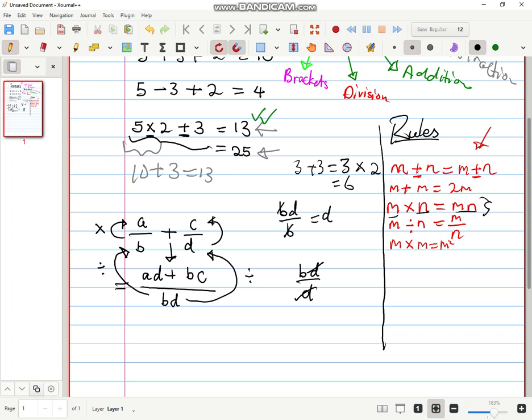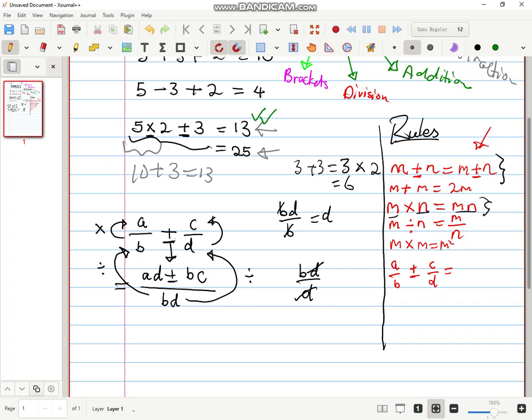Perfect. So this is the same for plus and minus. When you have a over b plus or minus c over d, you're going to have what?